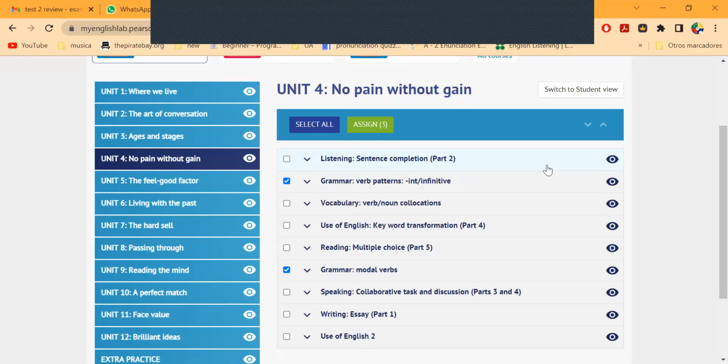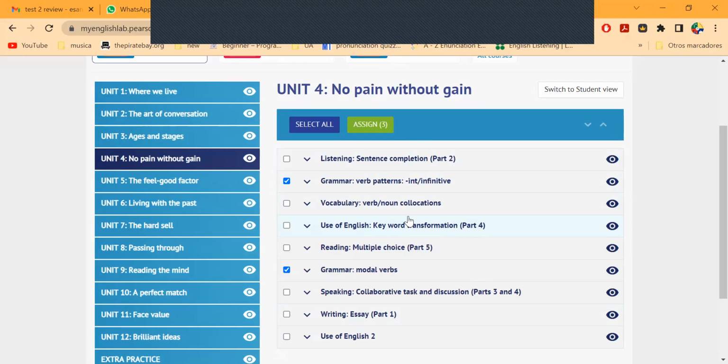this. Okay, from unit number 4, the two contents that are coming are verb patterns, ing or infinitive. That is the first content. And that first content we're going to revise now. We are not going to revise it with My English Lab, because you did it yesterday.